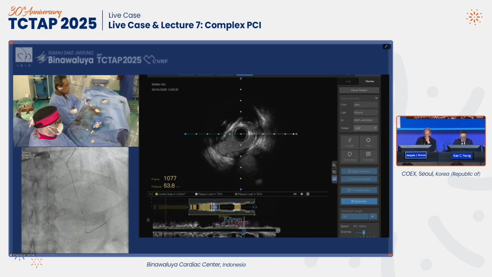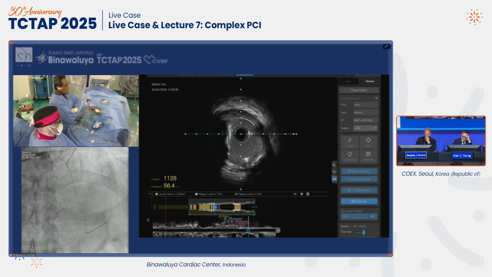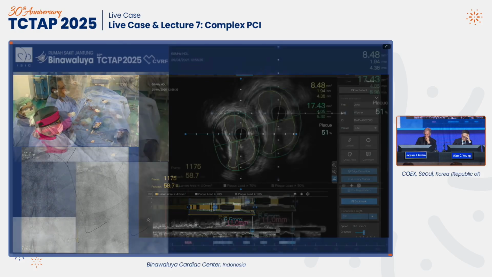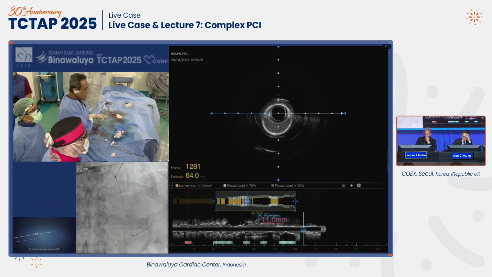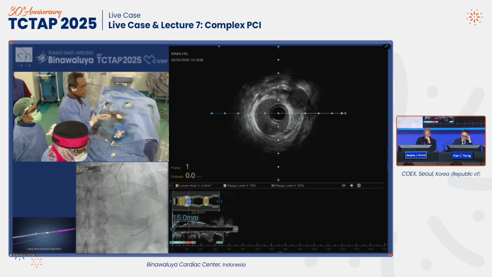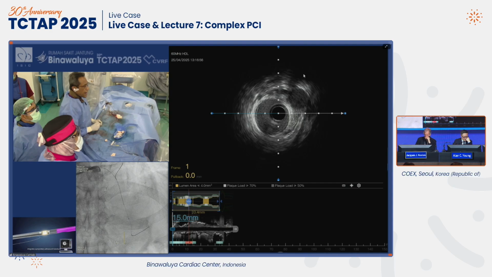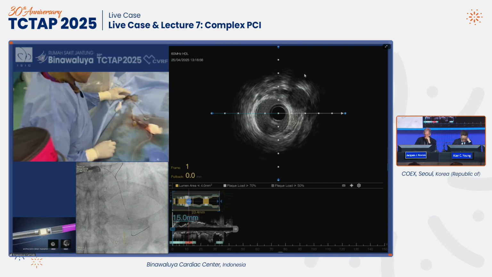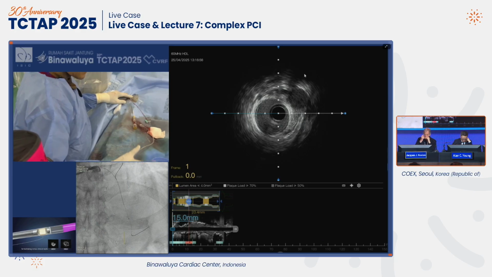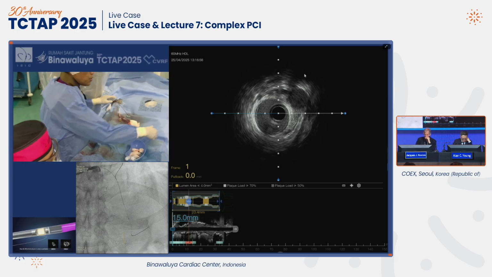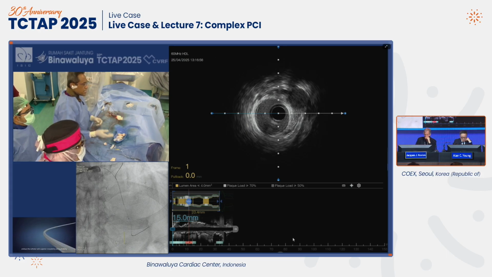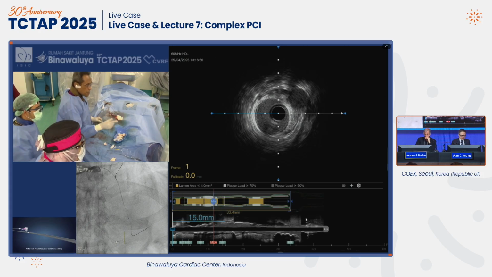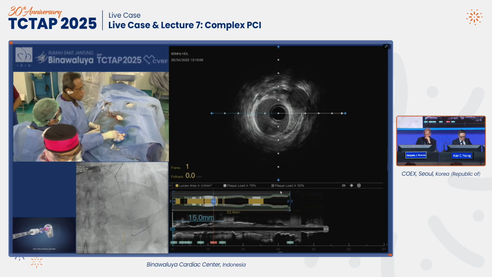Even though IVL is available in Jakarta, I think it's still more expensive. And I show you that our approach is actually from the distal radial. Even though it's from the radial here, the IVUS can be done from between the legs, and then we do rotablation, it's very comfortable. Number two is that it's comfortable for the patient.